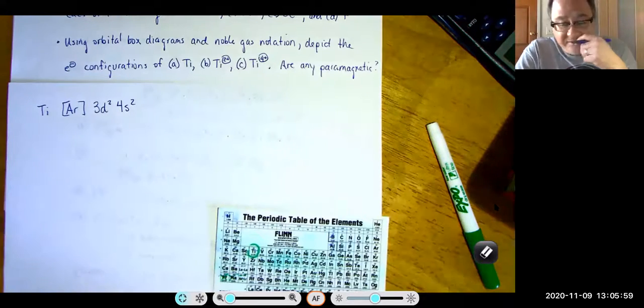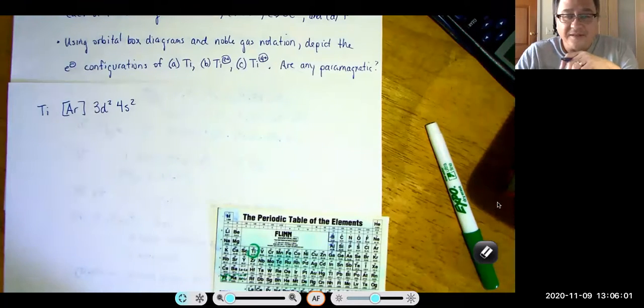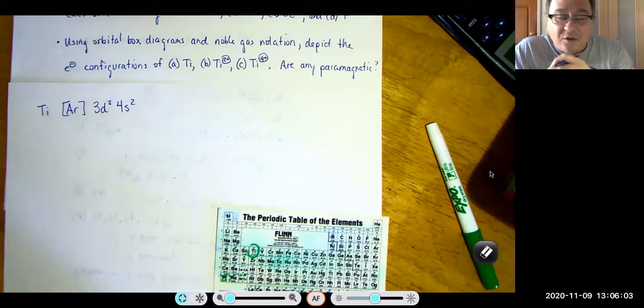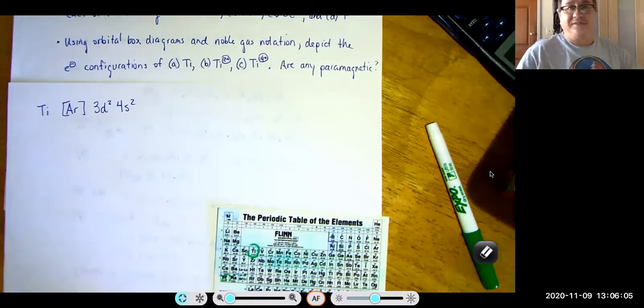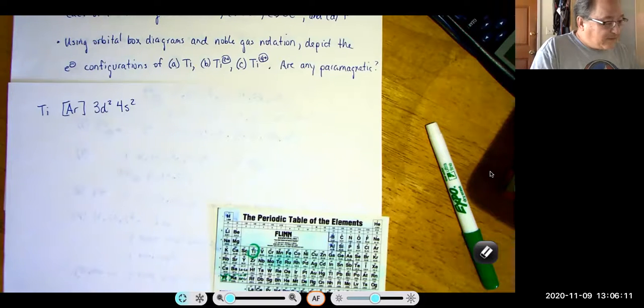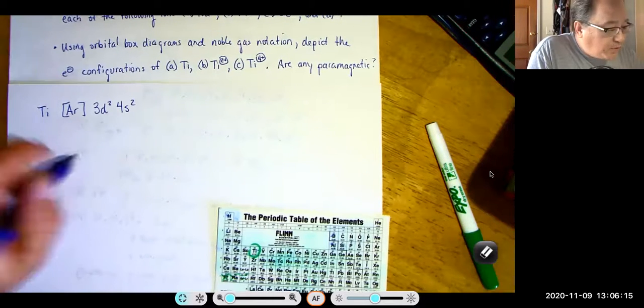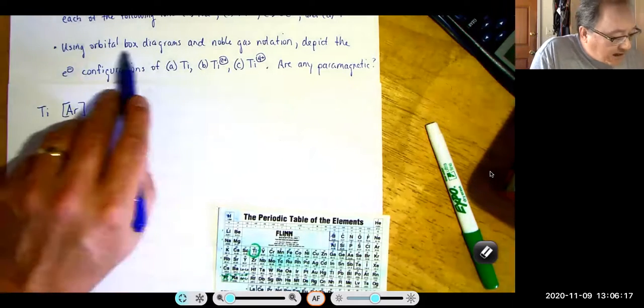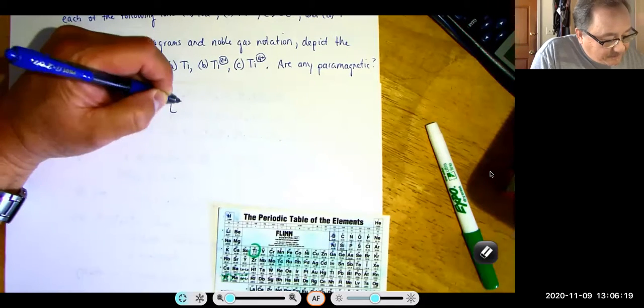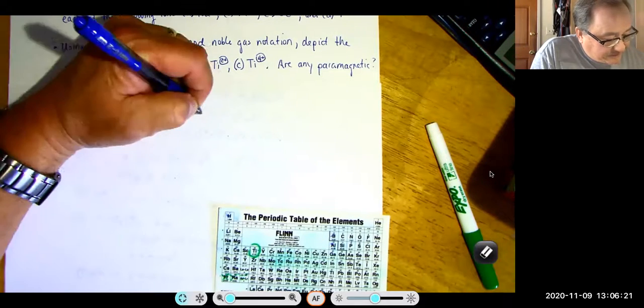I know I cheated. I didn't write it down in the filling order and then rearrange. But they don't want this. What do they want? They want noble gas and orbital box.